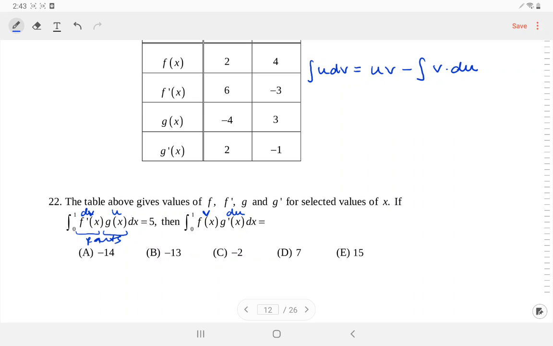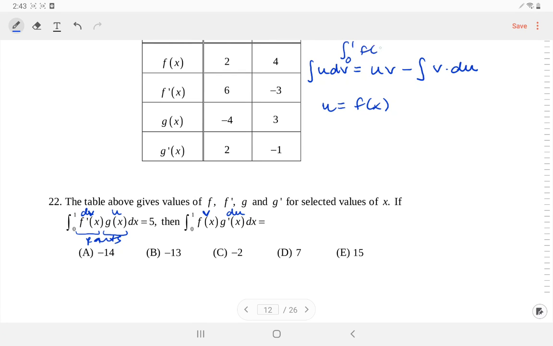Okay, so they want this one to be, maybe I should switch them. I'm going to make U f of x, because that's actually what I'm trying to find. So let me write this integral.